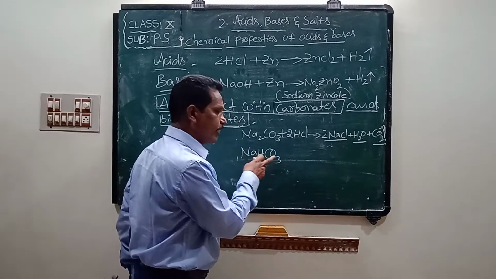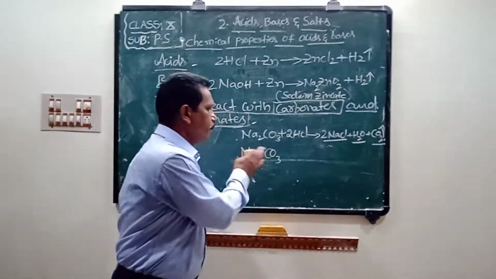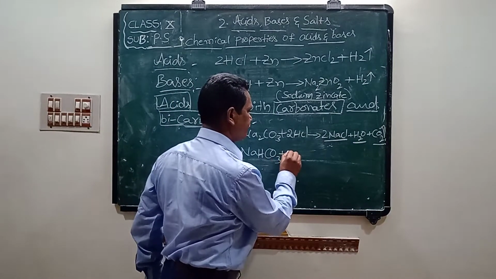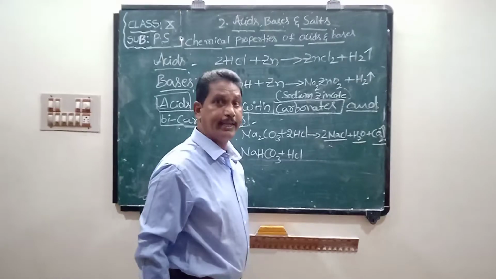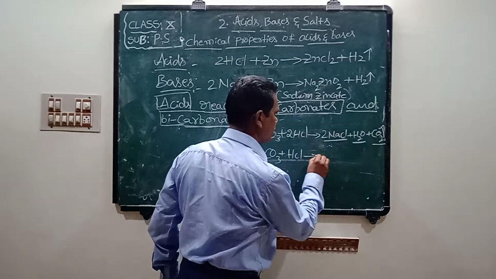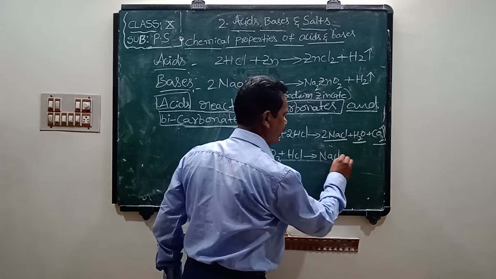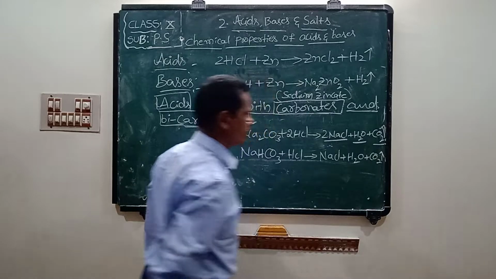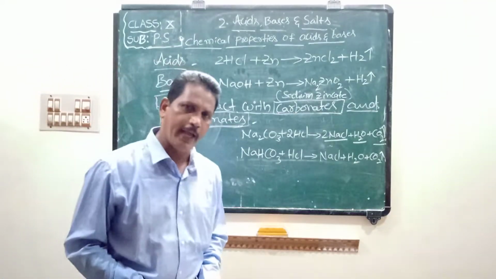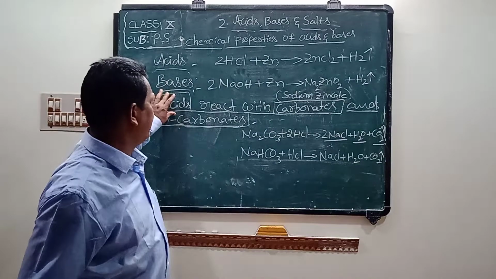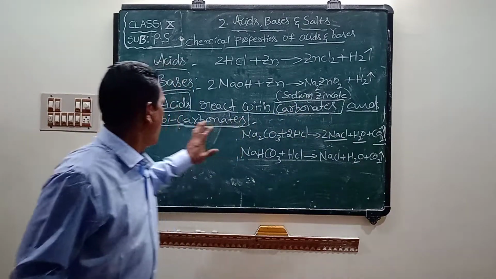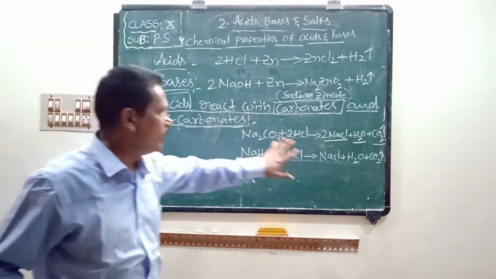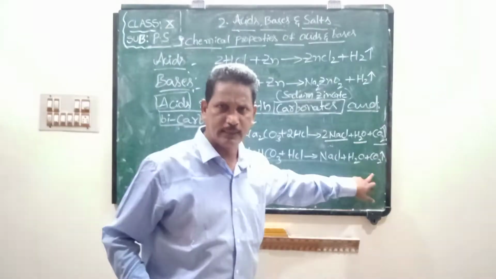Sodium metal hydrogen carbonate, also called sodium bicarbonate, reacts with acid to form sodium chloride plus water plus carbon dioxide gas. Here, acids react with carbonates and bicarbonates, or metal hydrogen carbonates, to liberate carbon dioxide gas.